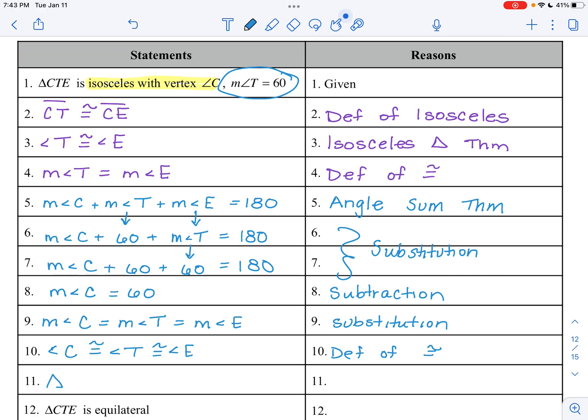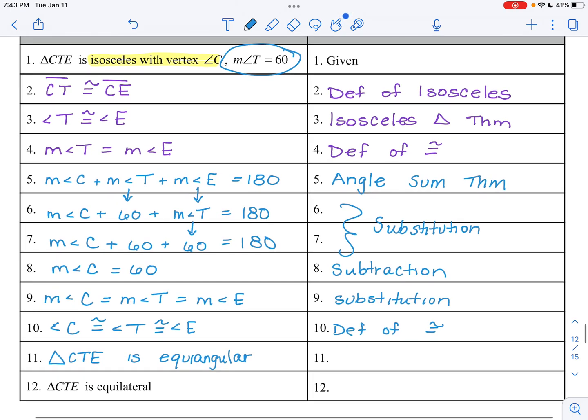And now we can say our triangle CTE is equiangular. That's because of the definition of equiangular, which means all of the angles are the same size or congruent.